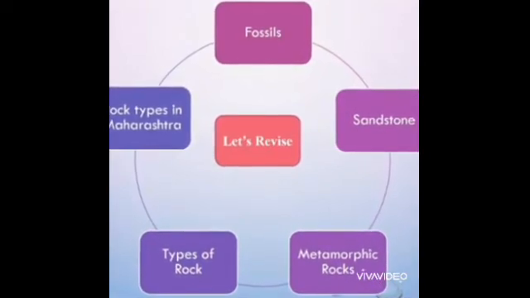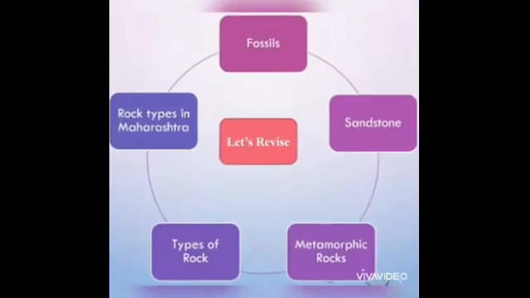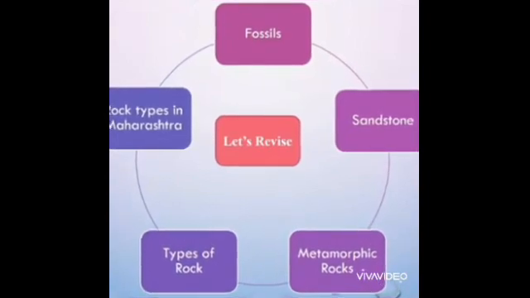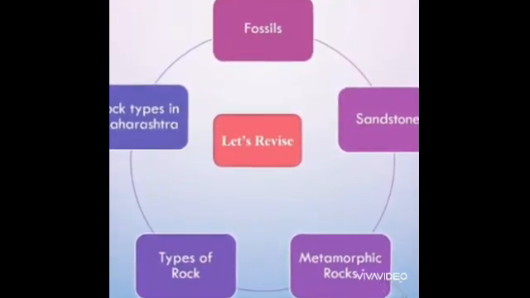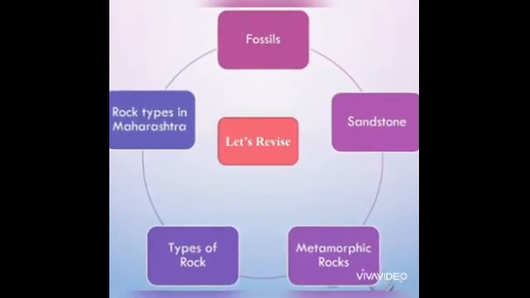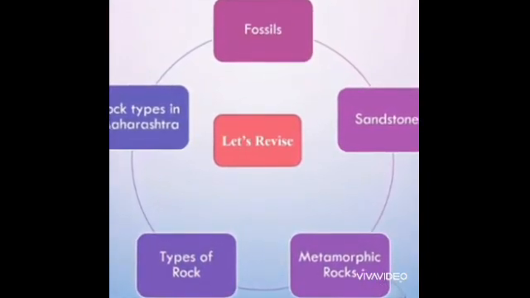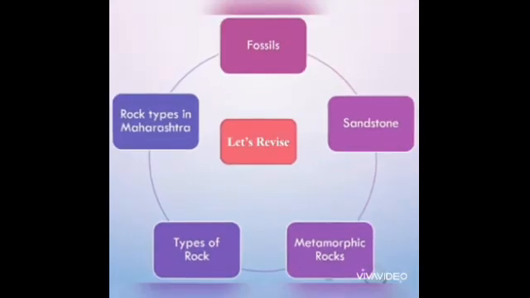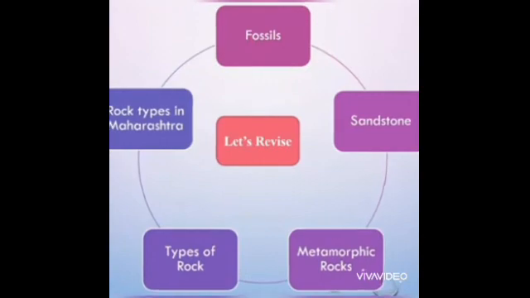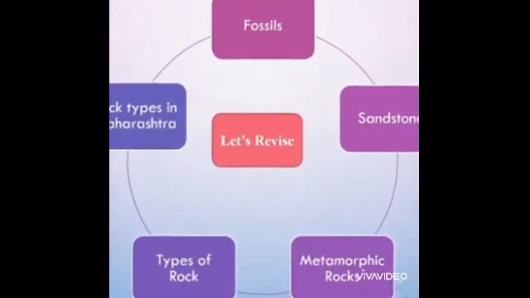After which, we understood about metamorphic rocks. Metamorphic rocks or metamorphism is a process that change the original composition of rocks. Due to the heat and pressure, they create new rocks. For example, slate is metamorphosed form of shale.